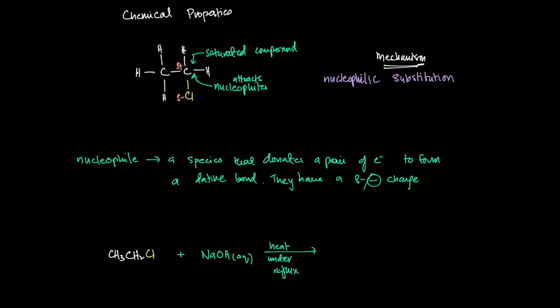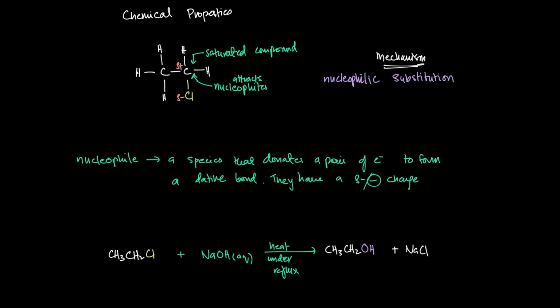So if I heat under reflux with NaOH aqueous, I end up making an alcohol and sodium chloride. So what I'm doing is substituting hydroxide for chloride over here. This is the nucleophilic substitution reaction.